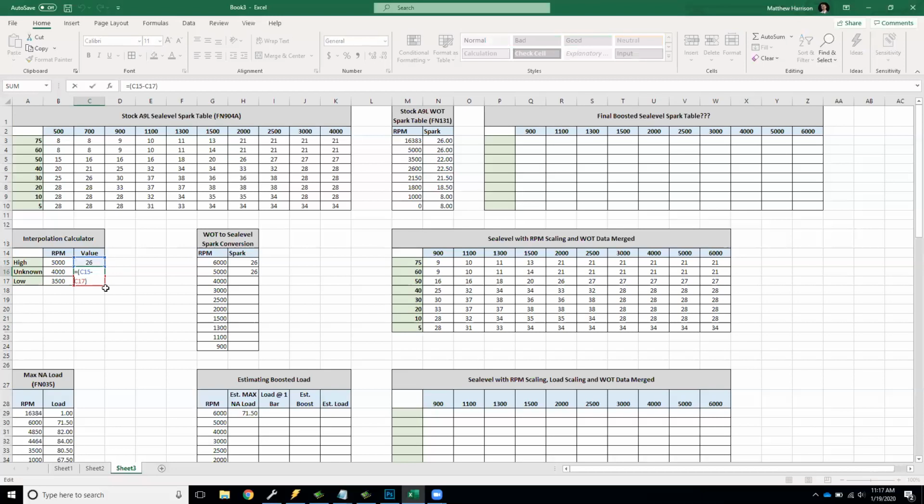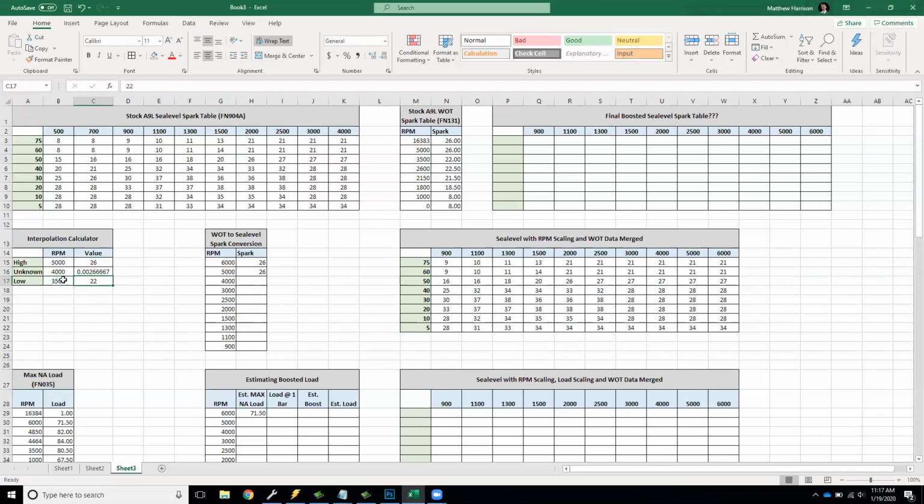So now we want to take that 4 degrees and divide that by the amount of RPMs that went up in that full range, which is 5,000, our high number, minus 3,500, our low number. Okay. So now what this big decimal represents is, for every 1 RPM we went up from 3,500 all the way to 5,000, if you're just following a linear path, this number of degrees of timing for every 1 RPM.